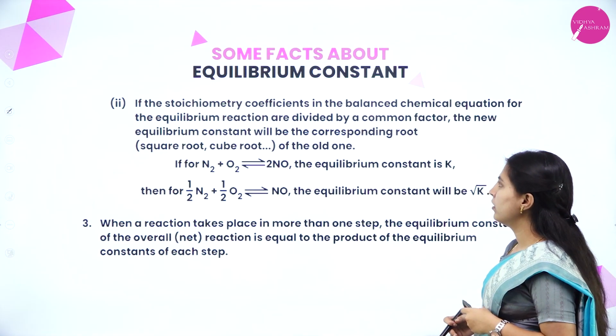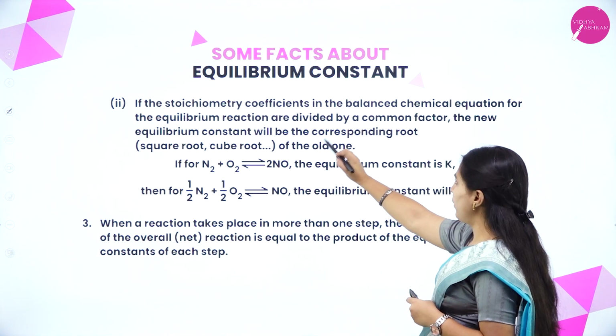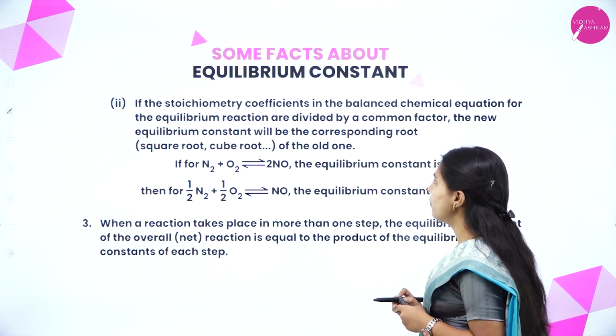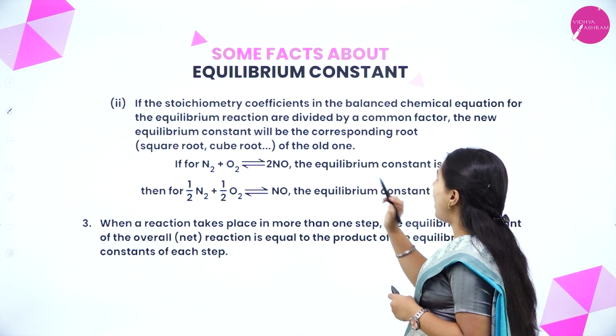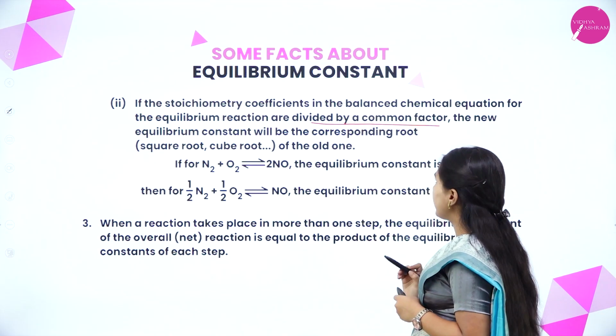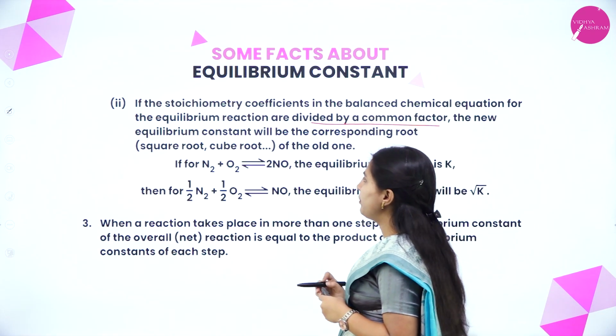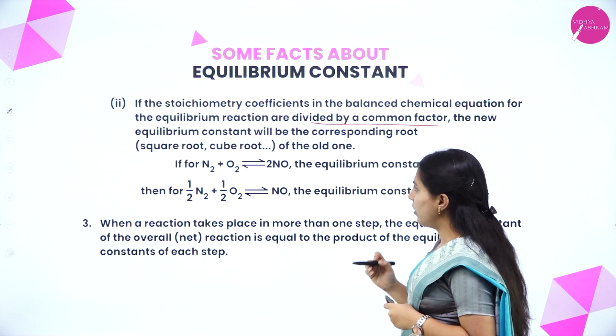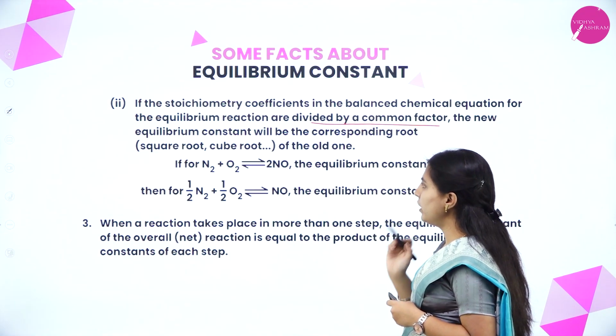Next, if the stoichiometric coefficients in a balanced chemical equation for the equilibrium reaction are divided by a common factor, then the new equilibrium constant will be the corresponding square root or cube root of the old one.